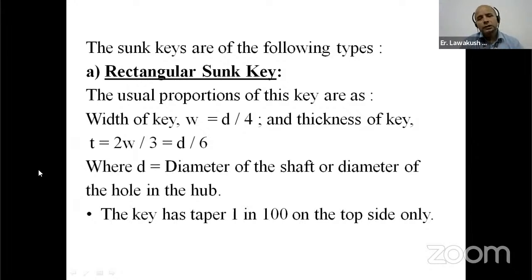When we put w equal to d by 4, then after simplification we finally get t equal to d by 6, where d is the diameter of the shaft or diameter of the hole in the hub. The key has a taper of 1 in 100 on the top side only. We can say this taper as 1:100.